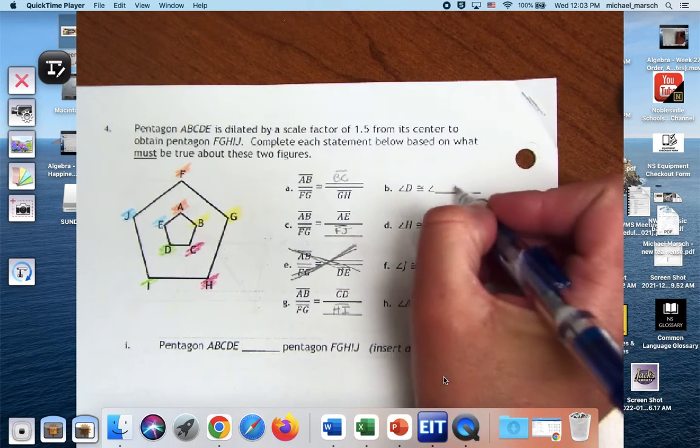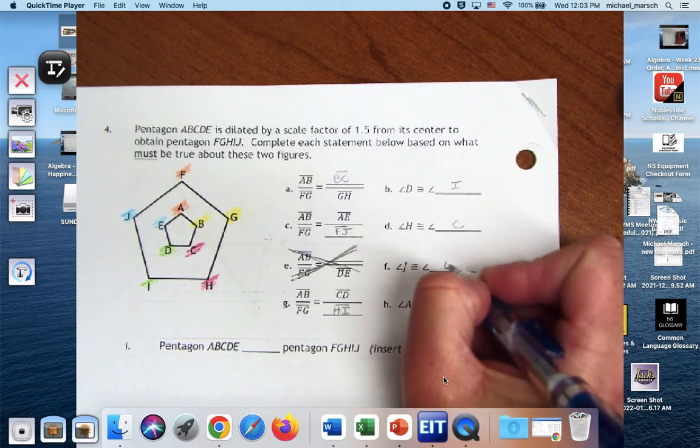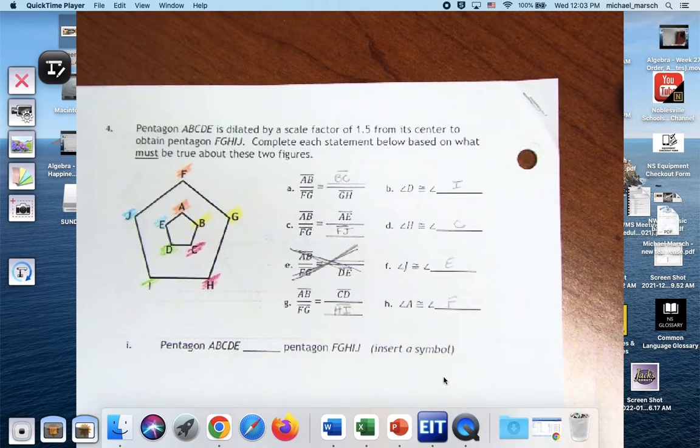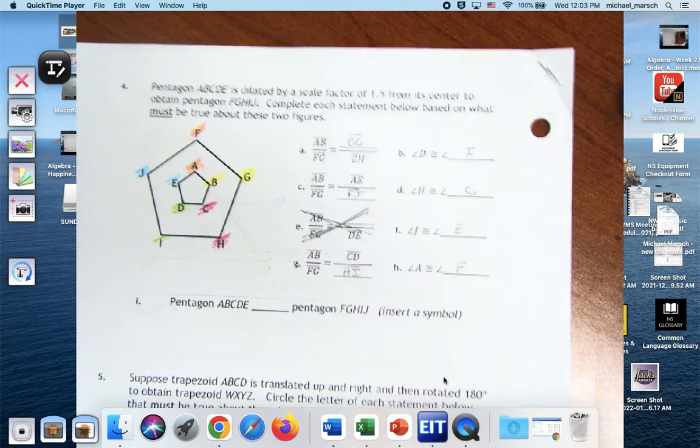Okay, so hopefully you had I, C, E, and F for your congruent angles.